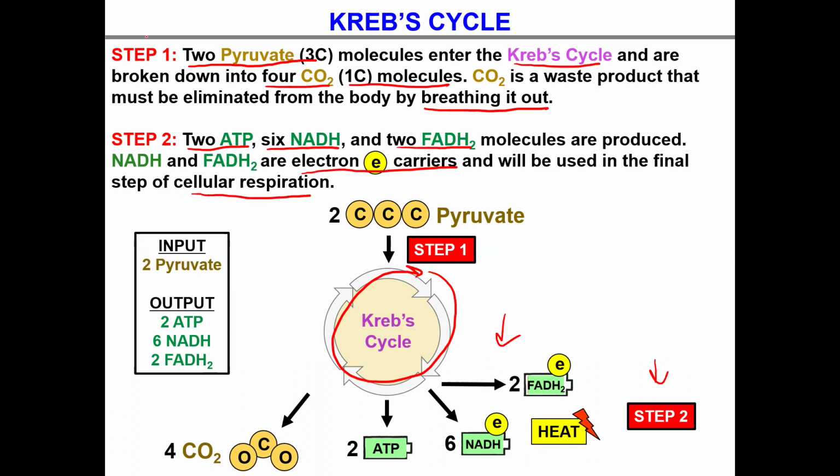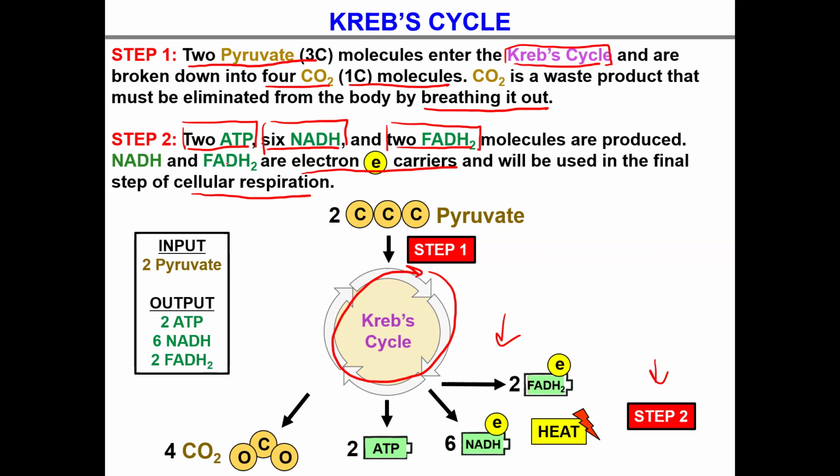So in step one, we take two pyruvates, three Cs, coming from the cytoplasm and glycolysis over to the mitochondria and entering the Krebs cycle. The cycle is a continuous biochemical reaction producing our two ATP, six NADHs, and two FADH2 molecules.